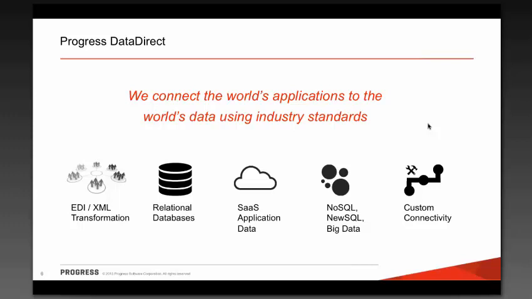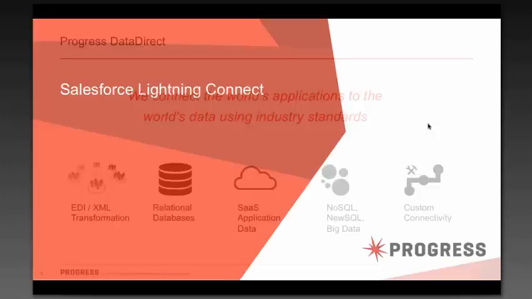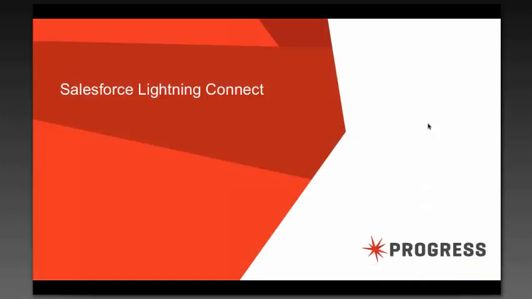So we offer quite a range of data connectivity and integration. We've been doing this for a while, and we're very happy to be working very closely with Salesforce to integrate our technology, the things that we've been using for years, and bring some of those capabilities into the Salesforce environment. So what I'd like to do now is turn things over to Jason Choy and let him tell you a little bit more about Lightning Connect.